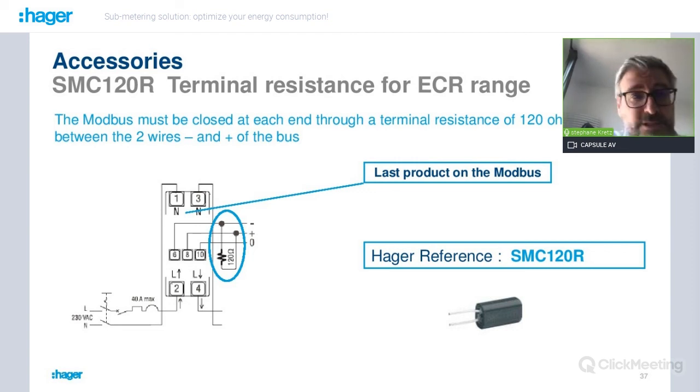The single phase meters don't have it, because there is not enough space. We cannot put this resistor, and we have it as an option, the SMC 120 R, that you can use if this meter is the last product on the Modbus line.